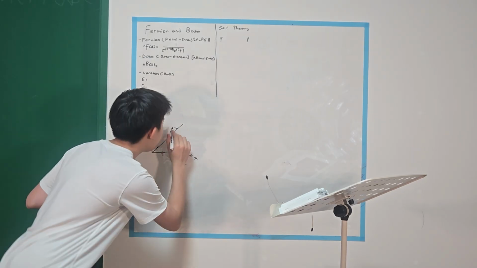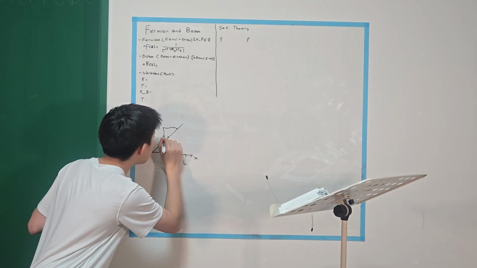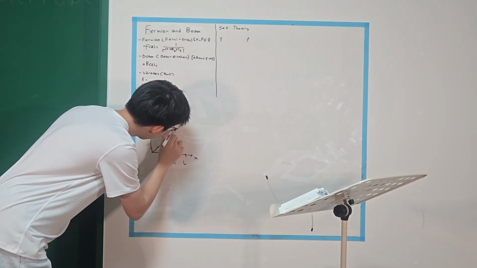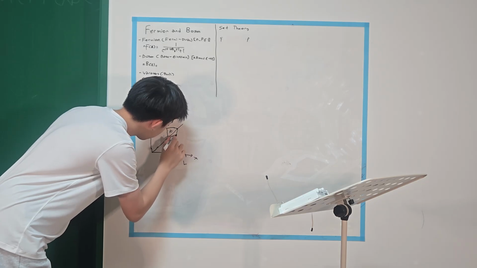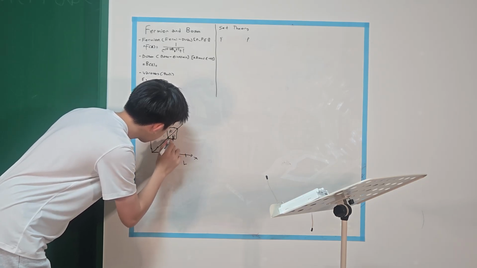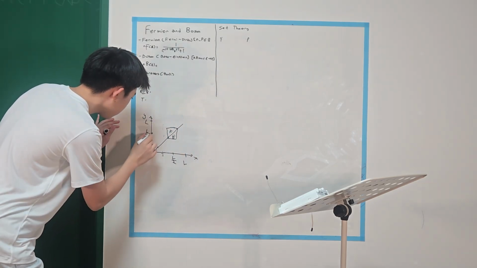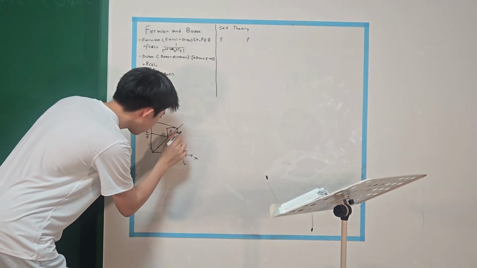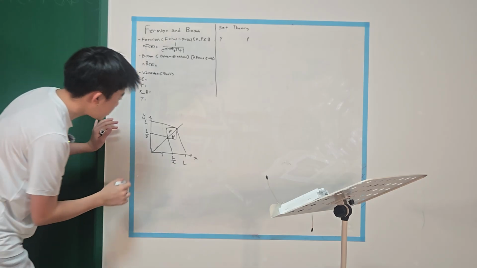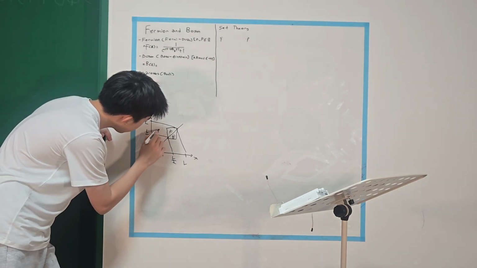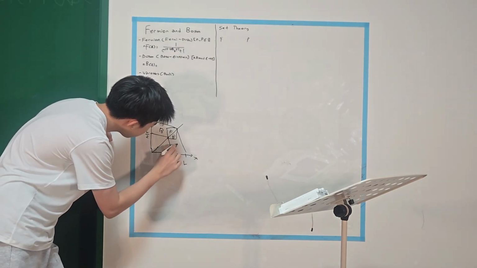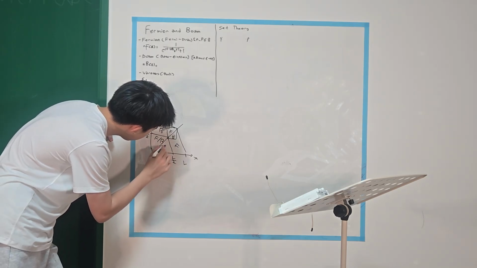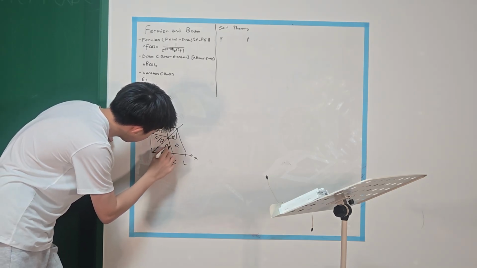So the first part will be made with a fermion. The second part will be made with a boson. Then another part is made like this, and another part, this part will be boson, fermion, and boson, and fermion.